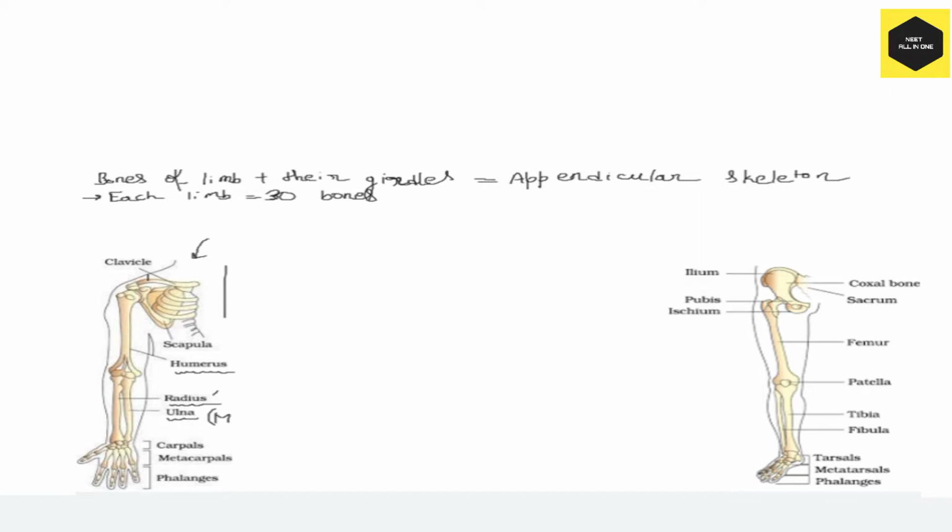And radius. Radius is present away from your body, so it is present laterally. These are medical terms that you may not encounter in NCERT, but once you get into MBBS, you will obviously encounter them. So we have humerus, radius, ulna, carpus, metacarpus, phalanges.